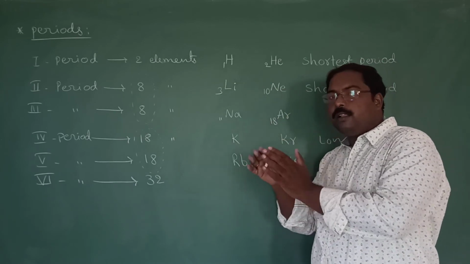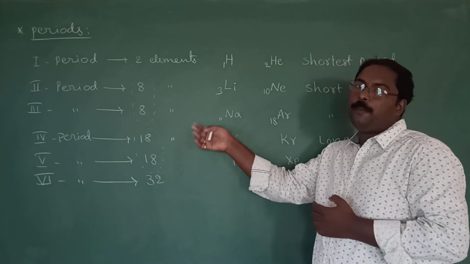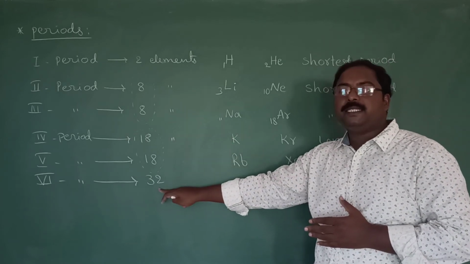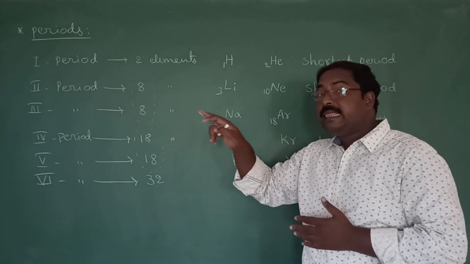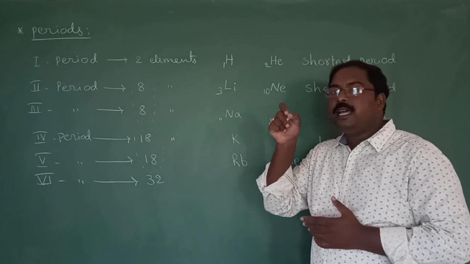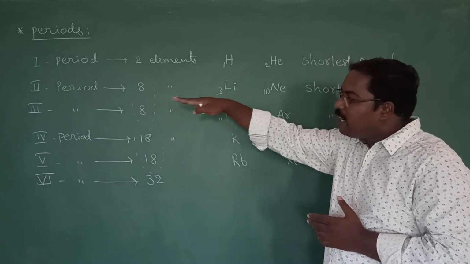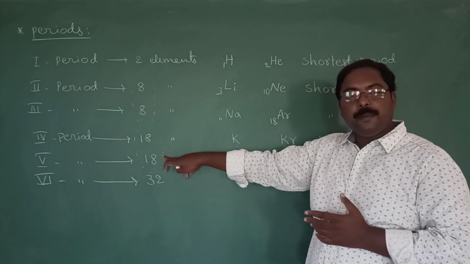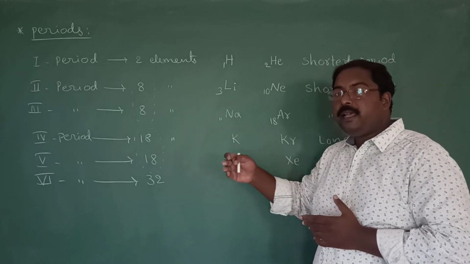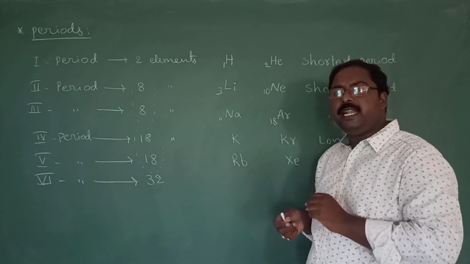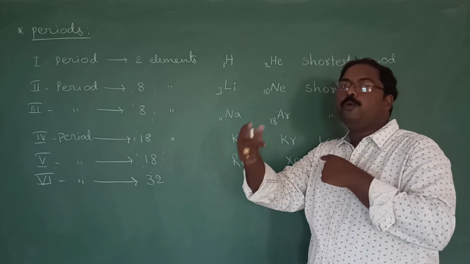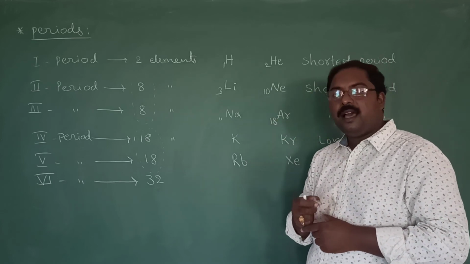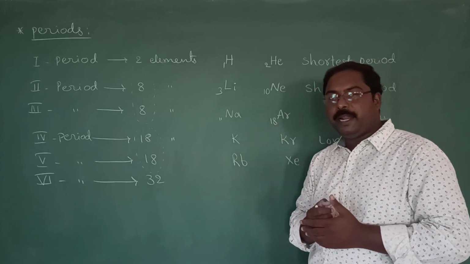I will explain all those things in the coming topics. First, briefly, how many elements are present in the sixth period? We should say 32. How 32? Generally 18 are present, as in the previous period. But along with these 18 elements, 14 more elements, which we call lanthanoids, are also present in that period only.